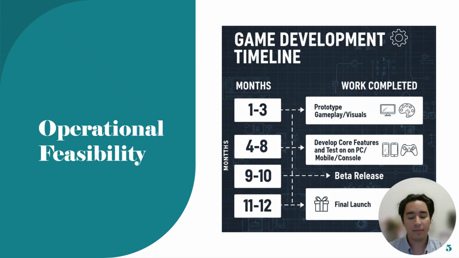Months 9 through 10 will be the beta release, really hyper focused on getting customer feedback, which a lot of game development teams really struggle with. It will encompass being engaged with the customers through forums and communities such as Discord and Reddit, and then the final launch.